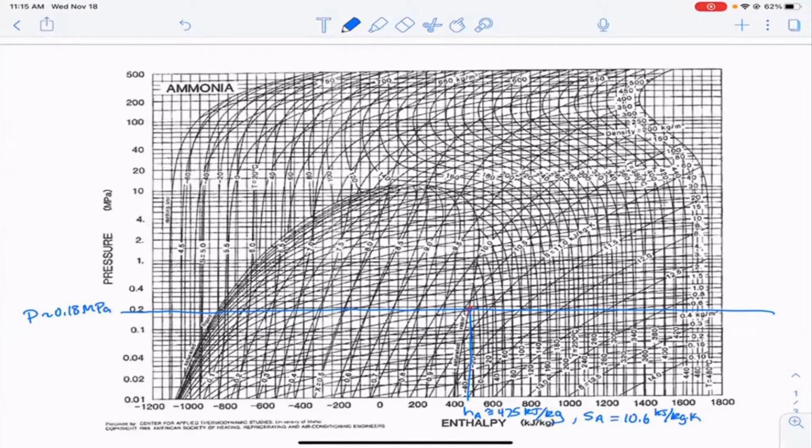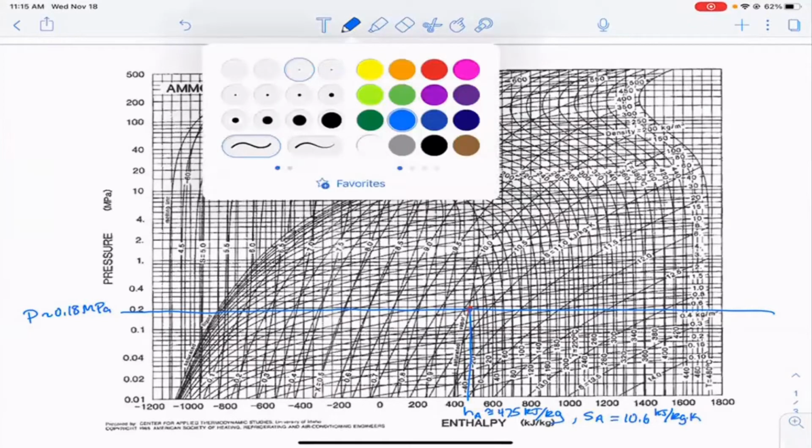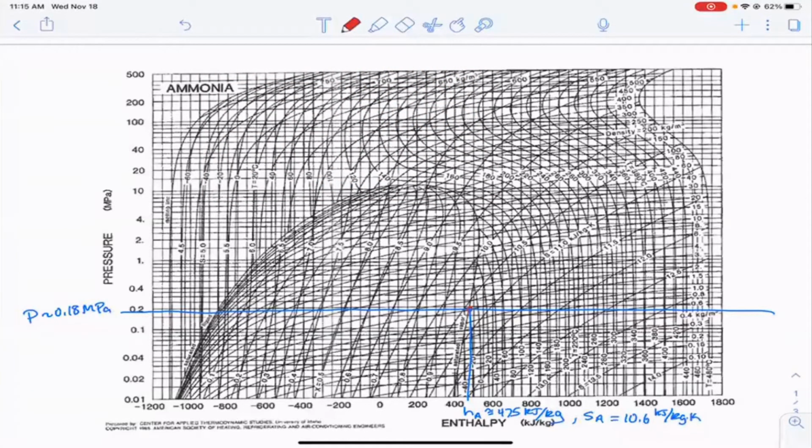So let's keep moving forward here. The next thing that we know for sure is the state at C, right? So we know that we're saturated liquid at 80 C. And so we can find that up here. And here's the line for 80 C. So I'll follow that straight down and place the dot right there on that line. And we can do the exact same thing that we did a second ago. If I draw a straight horizontal line, sorry, let me retry that.